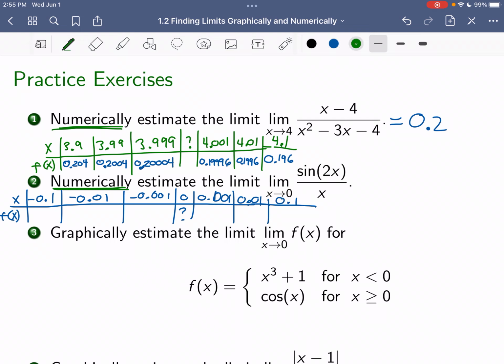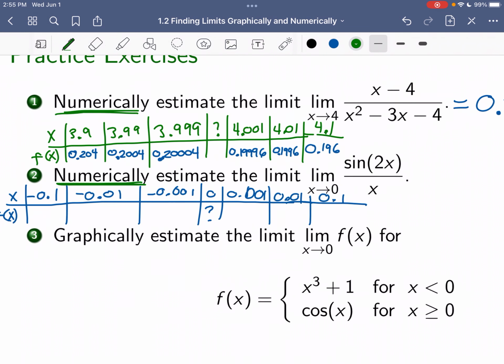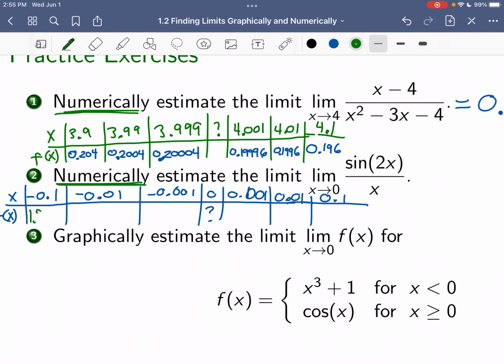So if we plug in negative 0.1 into our function and evaluate that, again, make sure you're in radian mode, we would get something like 1.9867. Plug in negative 0.01 and we'll get 1.9999.